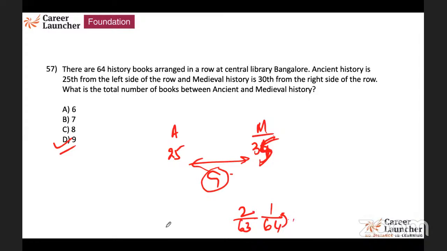So if it is the 30th book, this should be 64 minus 1, 63 minus, this should be 35. 35 it should be. Just give me 1 moment, I will explain this. So second book from the right is 64 minus 1. Yeah, 64 minus 1 it should be.